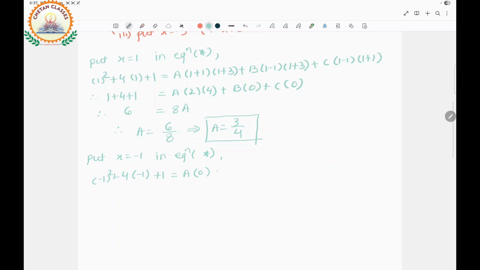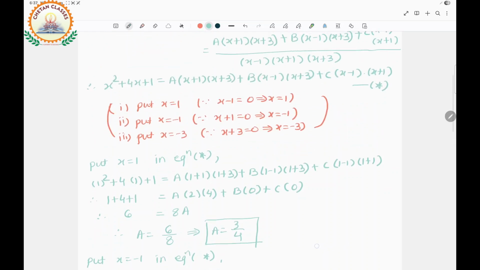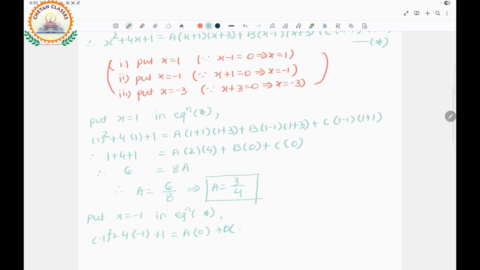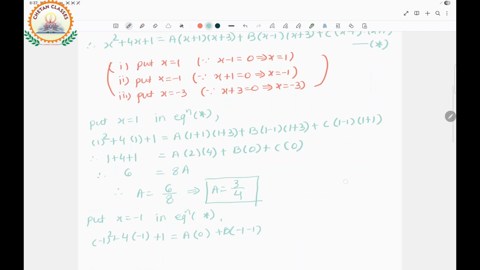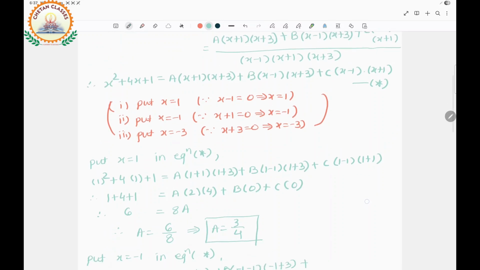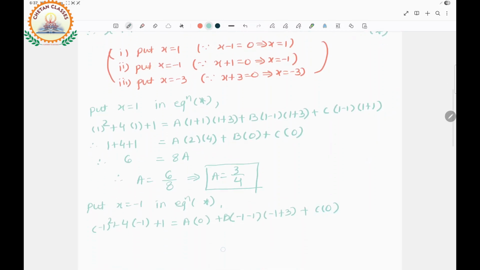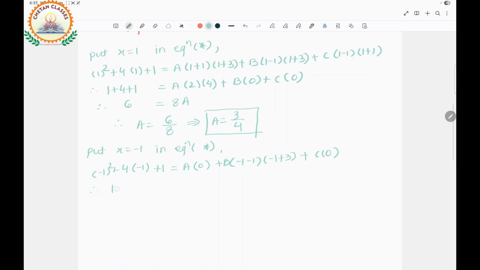So here we get A into 0 plus B into (−1 − 1)(−1 + 3) plus C into 0. So we get here 1 − 4 + 1 is equal to B into −2 into 2. So here −3 + 1, −2 is equal to −4B. Therefore, B is equal to half.